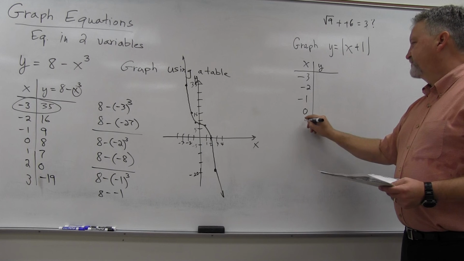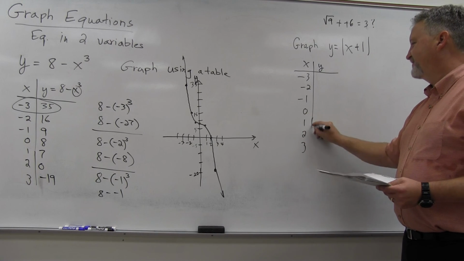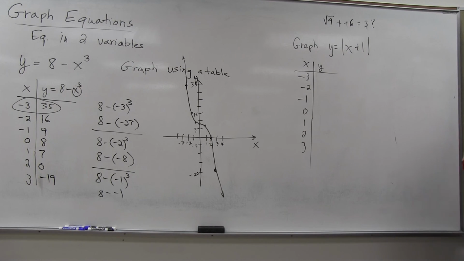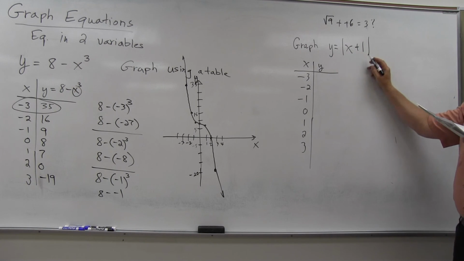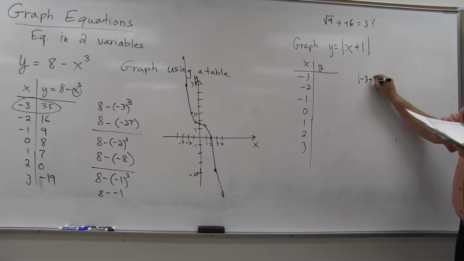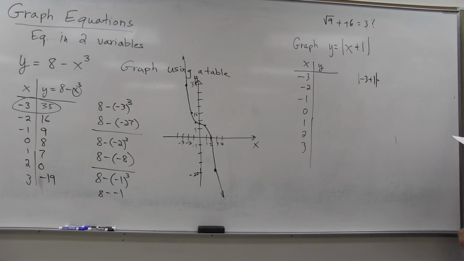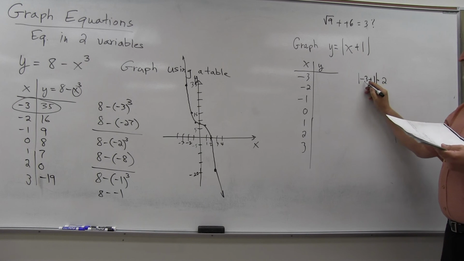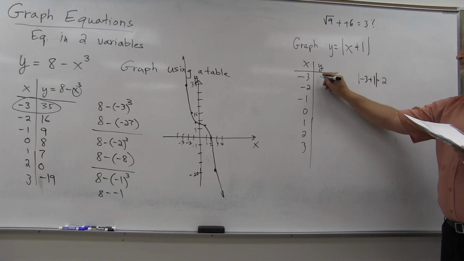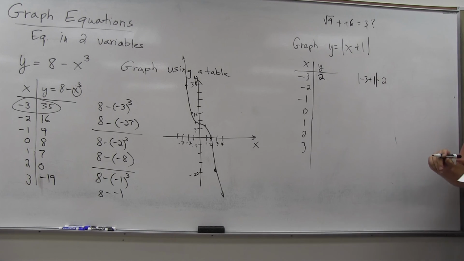Sometimes more, sometimes less are needed, but for now, that's what we'll use. All right, what do we got? For negative 3 plus 1, absolute value: the absolute value of negative 2, which is positive 2. The absolute value changes it into positive.